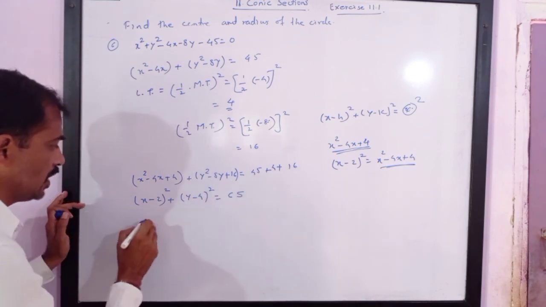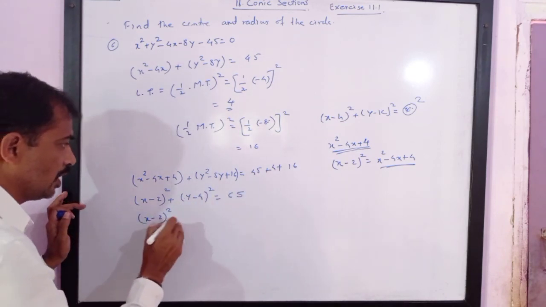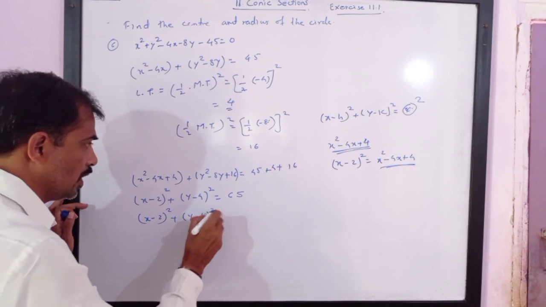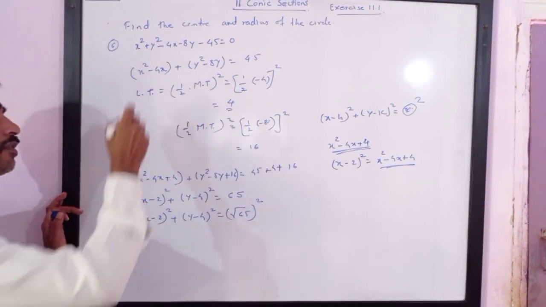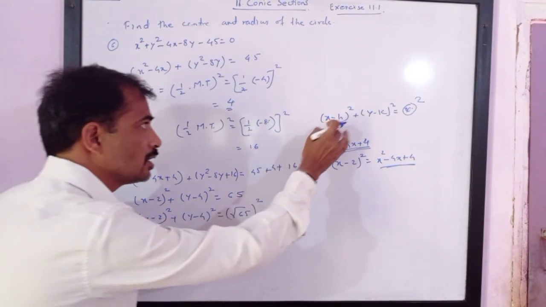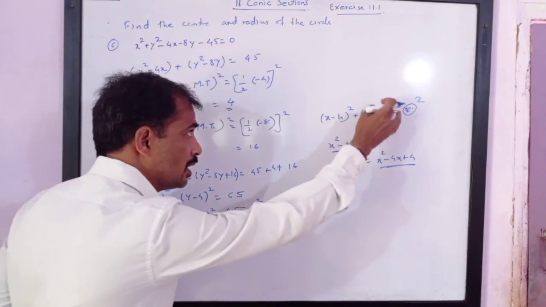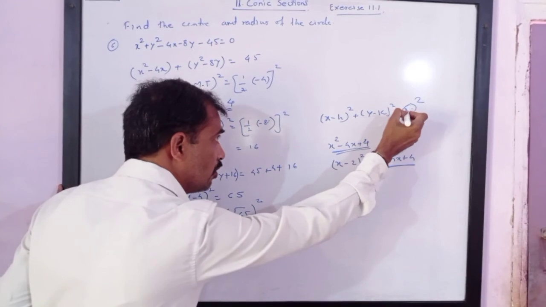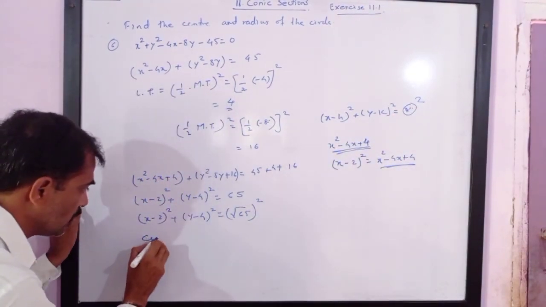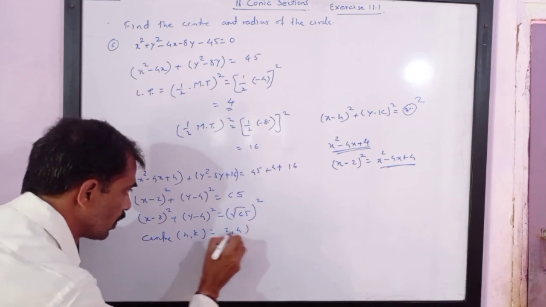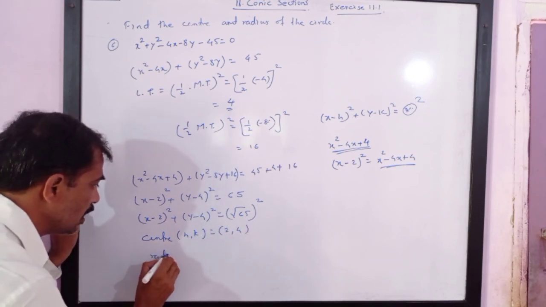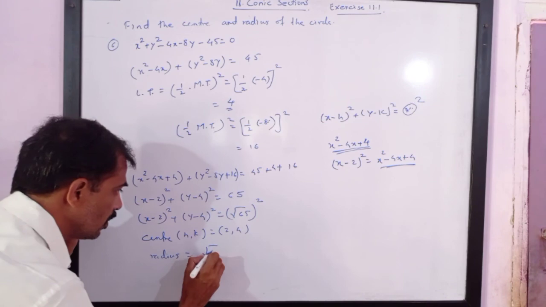Now from this you understand, (x − 2)² + (y − 4)² = (√65)². So comparing with the standard form (x − h)² + (y − k)² = radius squared, we have center of circle (h, k) equal to (2, 4), and radius is equal to √65.